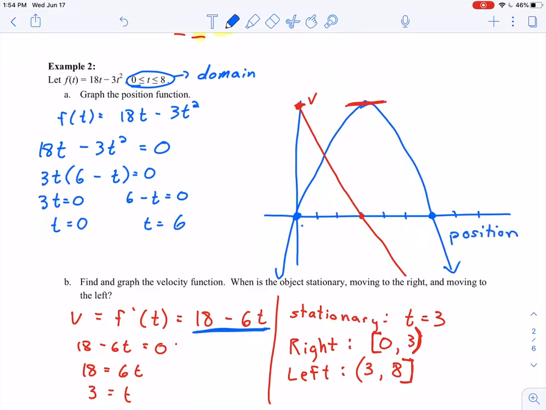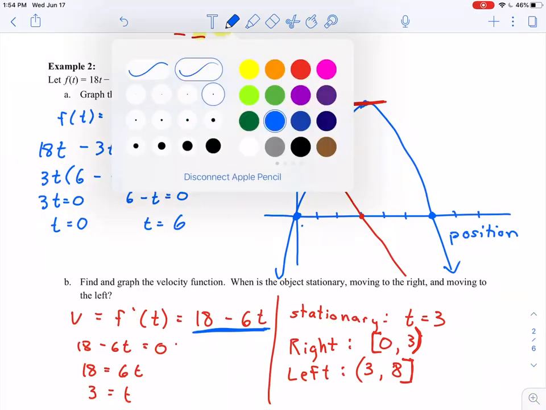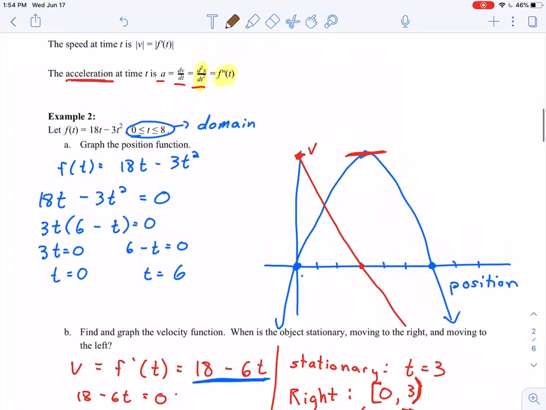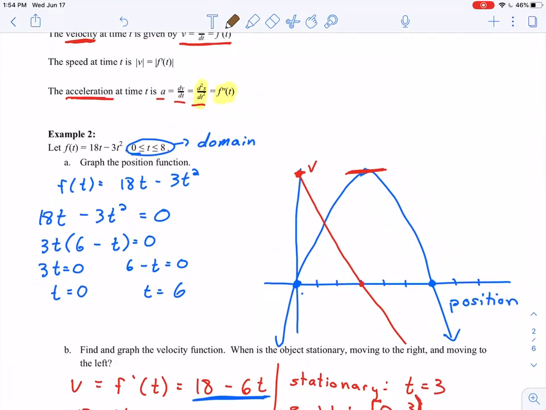I want to use speed, and let's decide on a color for that. Why don't we do a brown for speed here? Speed, we said the big difference between speed and velocity is that if you want to look at speed, it's just the absolute value of velocity. Actually, let's do this in black. I think it'll just show up a little bit better.